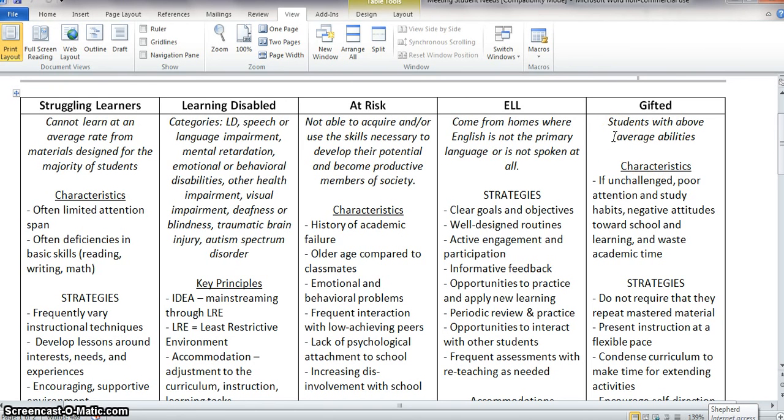In fact, one thing that amazed me when I first got this concept, I realized through somebody else's instruction that gifted students were actually learning the least in my classroom. They were the least serviced. And I thought, what? How can that be?